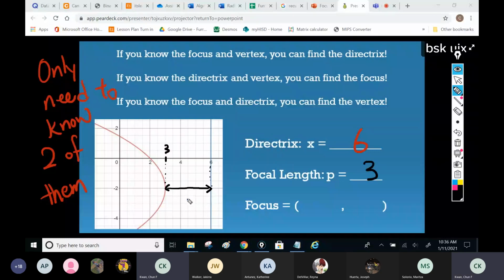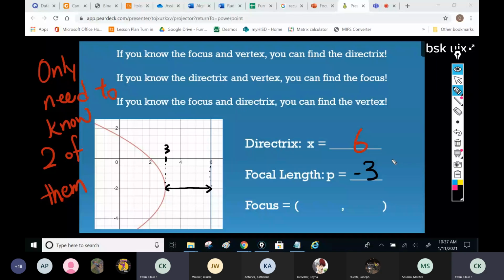And then this parabola right here is pointed to the left. Pointed to the left, you need a negative. If it points to the right, it becomes positive. So I will talk more about this in just a little bit.